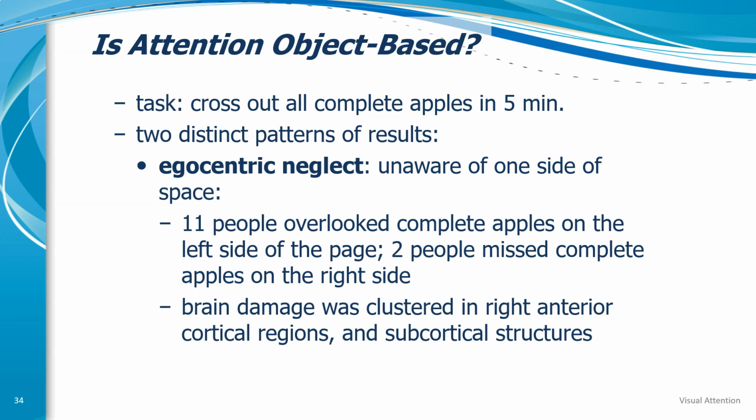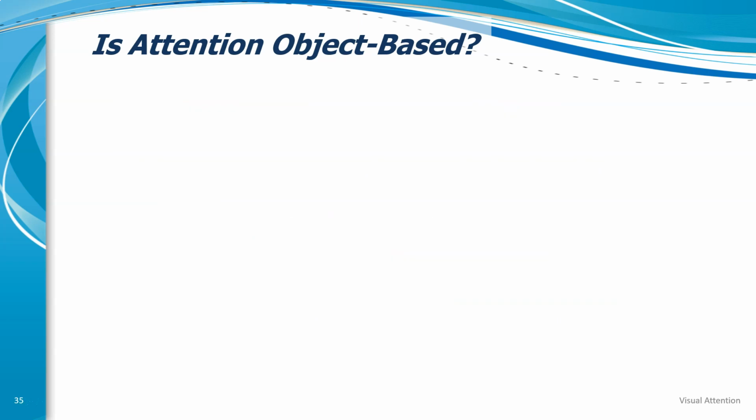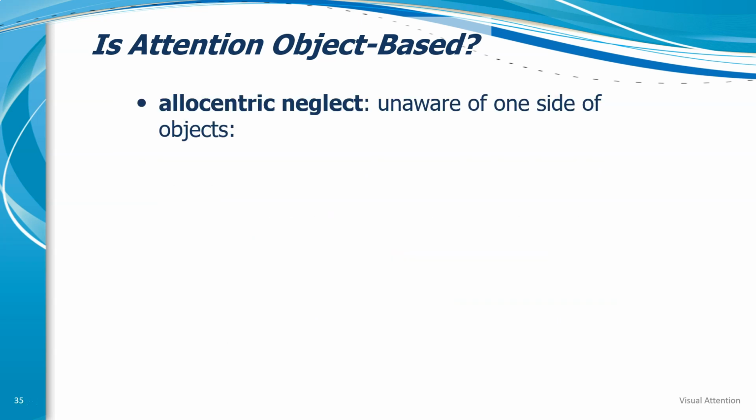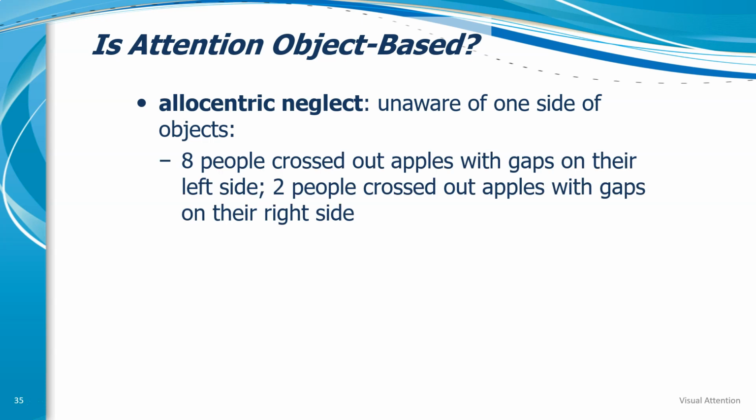But then they continued to look and found another separate, different pattern called allocentric neglect. For these people, they neglected one side of each object. Looking at the number of participants, 8 crossed out apples that had a gap on their left side.